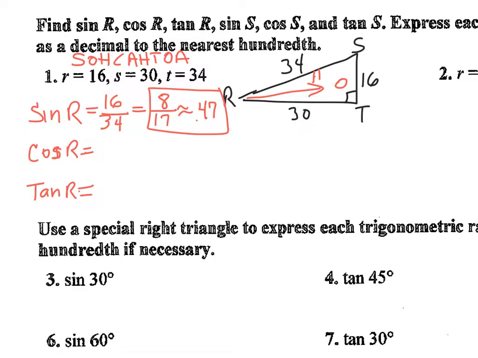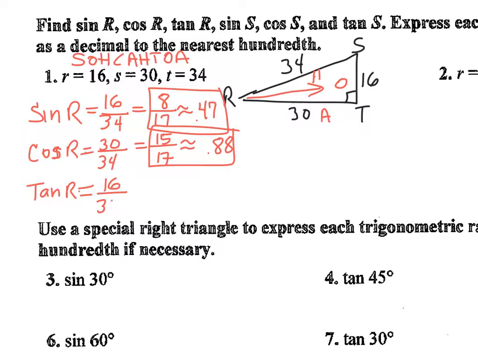Cosine of R is adjacent over hypotenuse, so that must be 30 over 34, and you reduce it to lowest terms, and that would be 15 over 17. Put that in the calculator, and that gives you 0.88. Then tangent of R is opposite over adjacent.